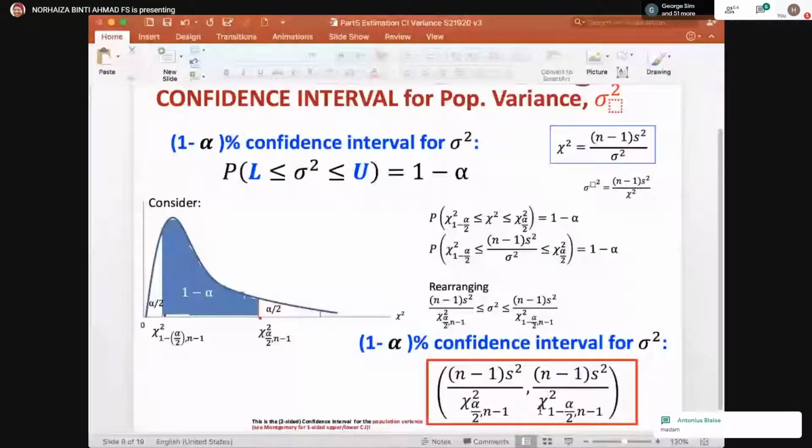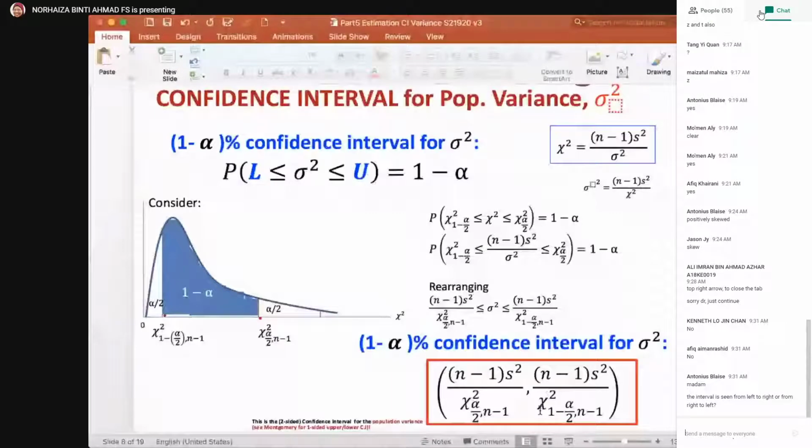The following are the weights in decagrams of 10 random packages of grass seed. Yes, Antonius? Okay, I'll get back to you on that.